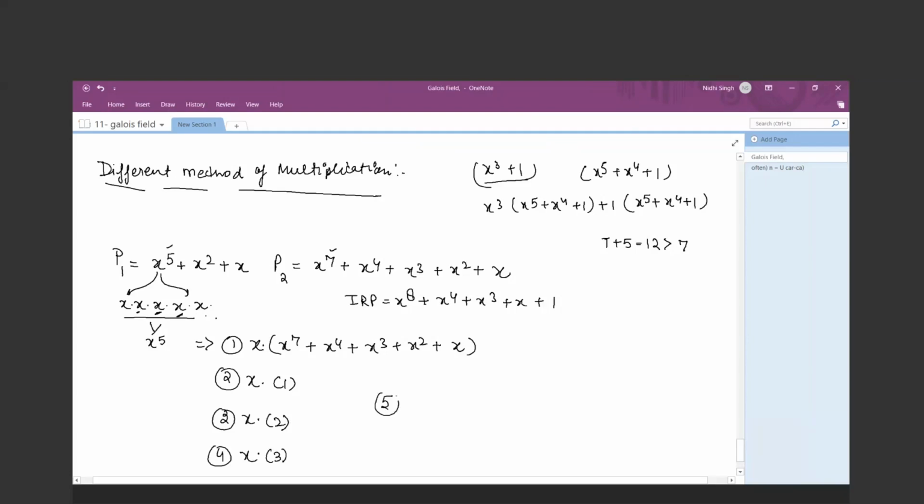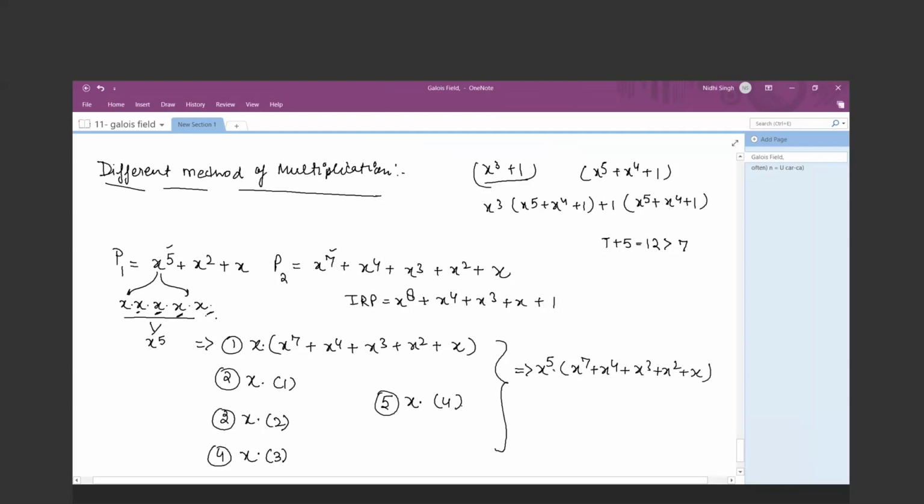And in the fifth one, the last polynomial term will be multiplied by the previously computed fourth term. So in this way, when all of the terms are combined, it is the outcome of x to the power 5, x^7, x^4, x cube plus x square plus x.